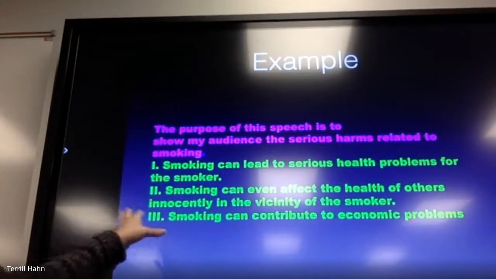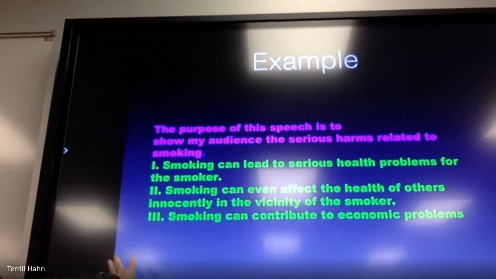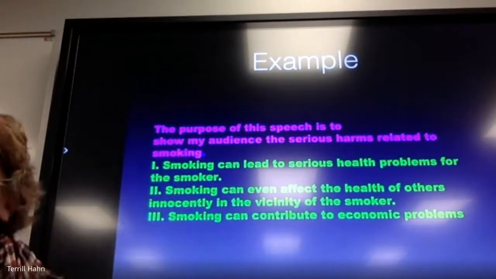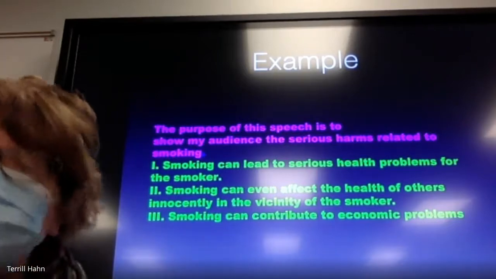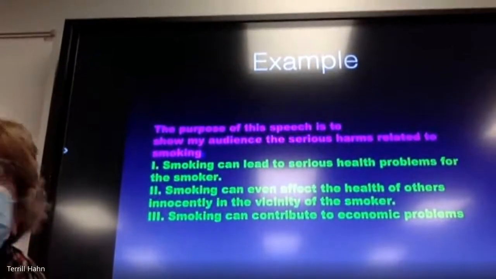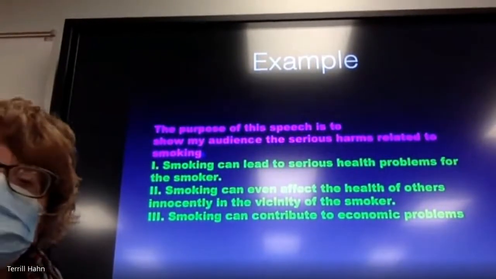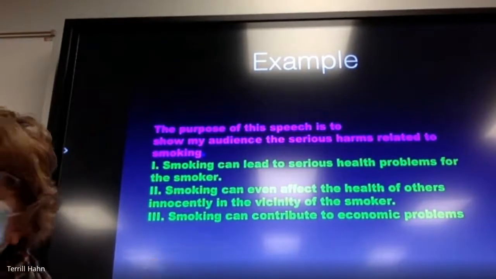Roman numeral 2, second and third hand smoke. Roman numeral 3, economic problems. That's how I would have labeled it. And that's okay too. That's how I was taught. You do it in an outline, you do it in phrases and labels wherever you can. Okay? So you've got 3 main points. We use Roman numerals for those main points.